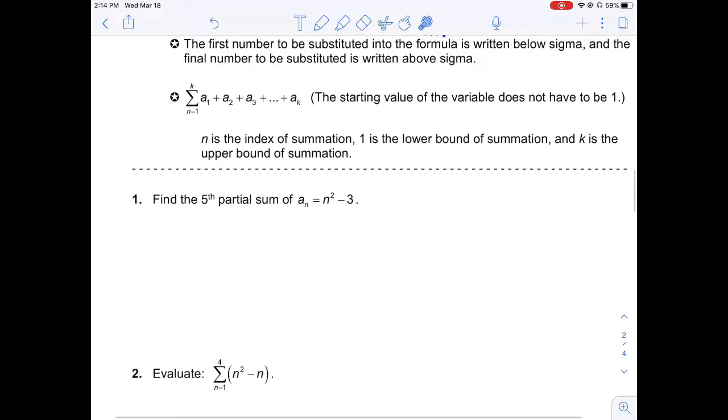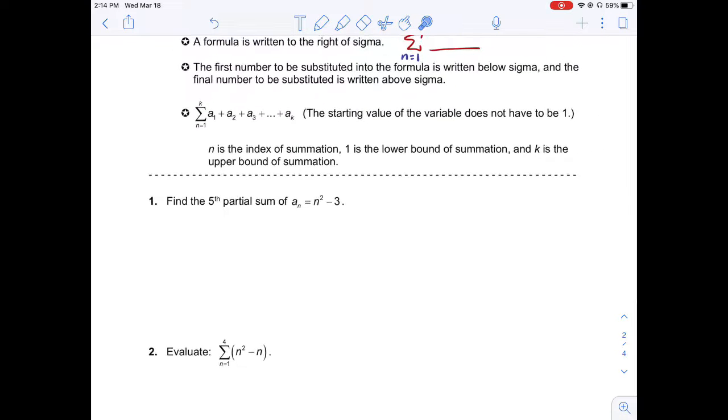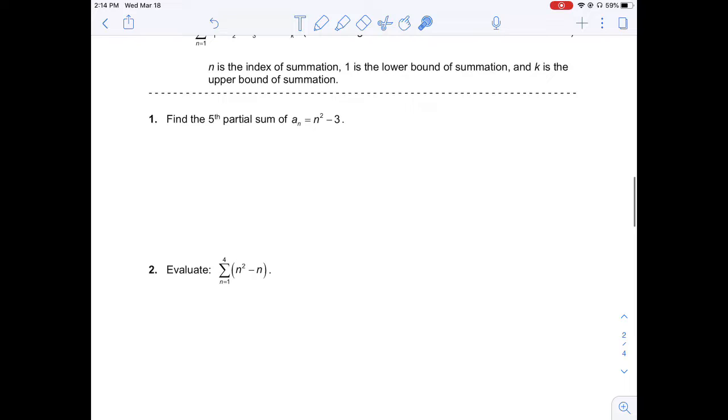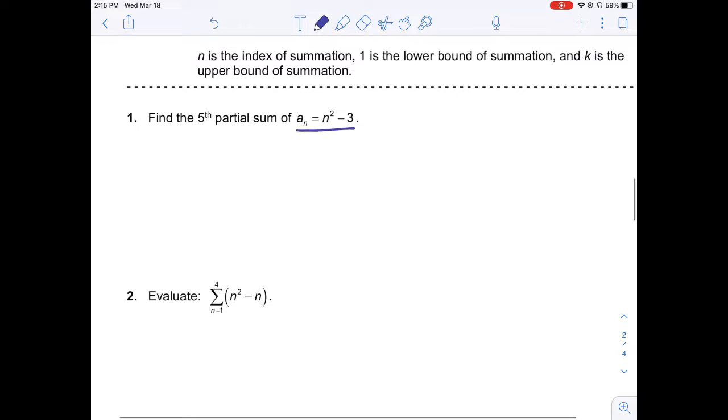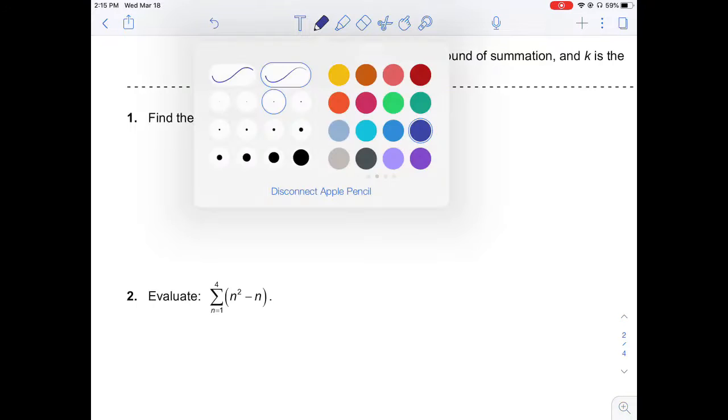So let's look at a couple of examples of what it would look like to find a sum, or a partial sum. For this first sum, they ask us to find the fifth partial sum of a_n equals n squared minus 3. This is an explicit formula for a sequence, and we want to find the sum of the first 5 terms. So in order to do that, we need to actually find those terms.